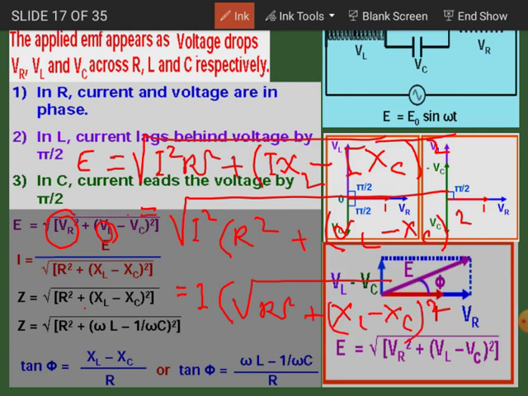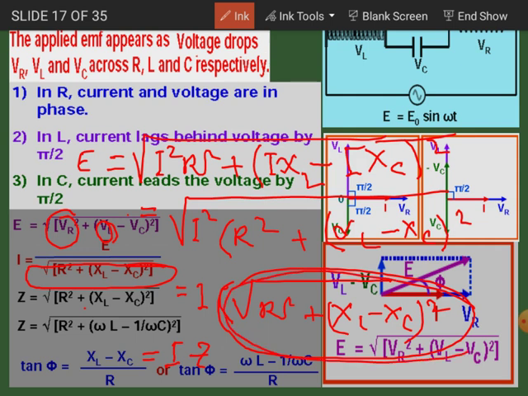We call this impedance, and it is denoted by Z. Z is equal to root over of R square plus XL minus XC whole square. Impedance is the effective resistance of the LCR series circuit.